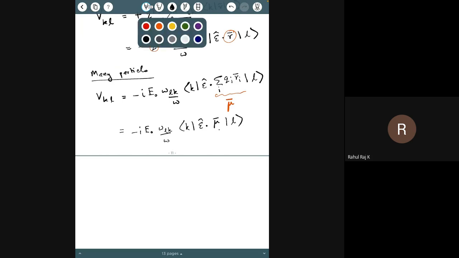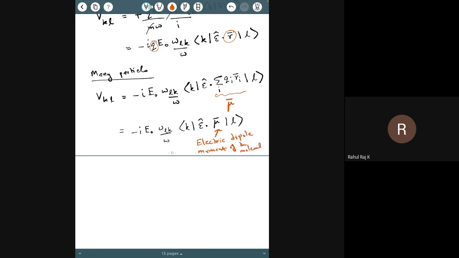That is why this is the electric dipole moment of the molecule. This is something that depends only on the molecule: the charge of each particle and the position vector of each particle. So that's why it is called the electric dipole approximation.